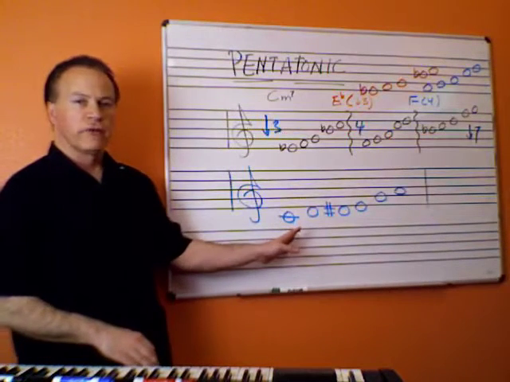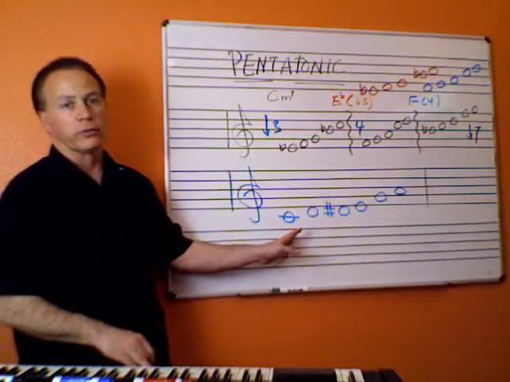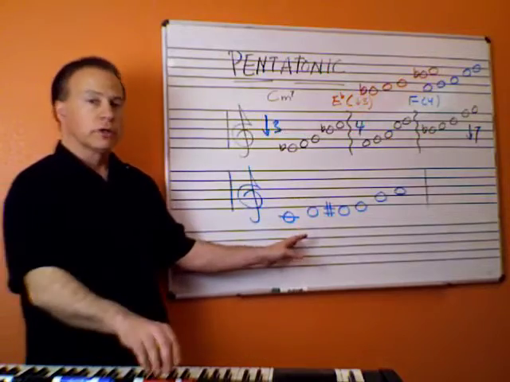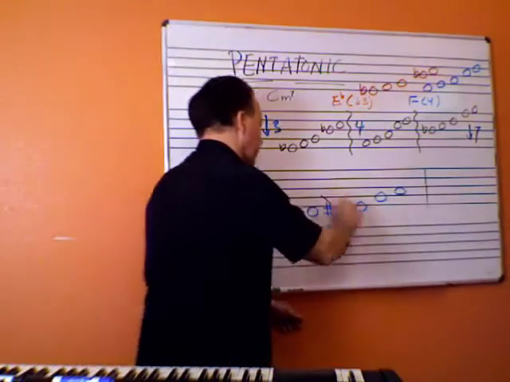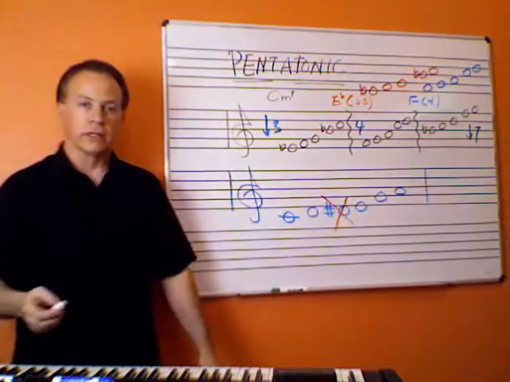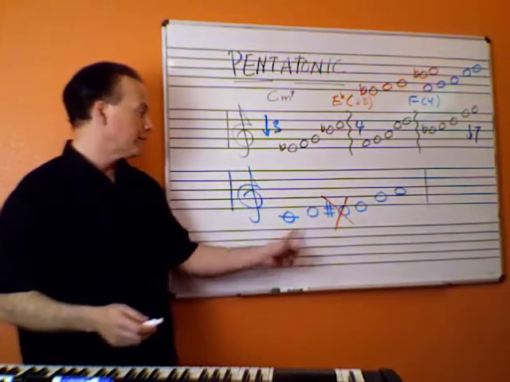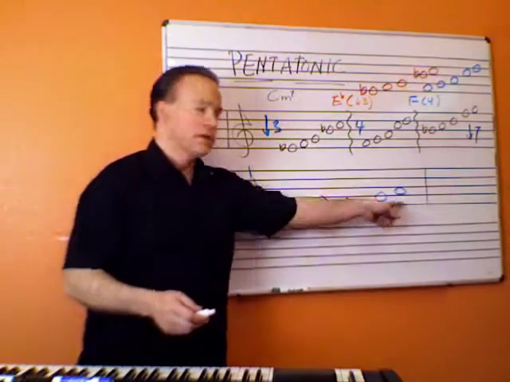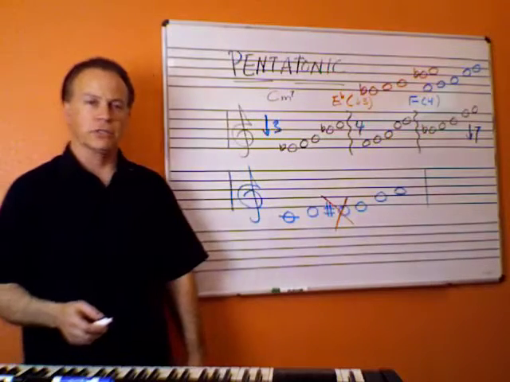So this one, does this have any relationship to any other pentatonic scale that we've seen today? Sure it does. You can see that if we just eliminate this D sharp, we're going to get our C major pentatonic scale. C, D, E, G, and A, 1, 2, 3, 5, 6 of the major scale.